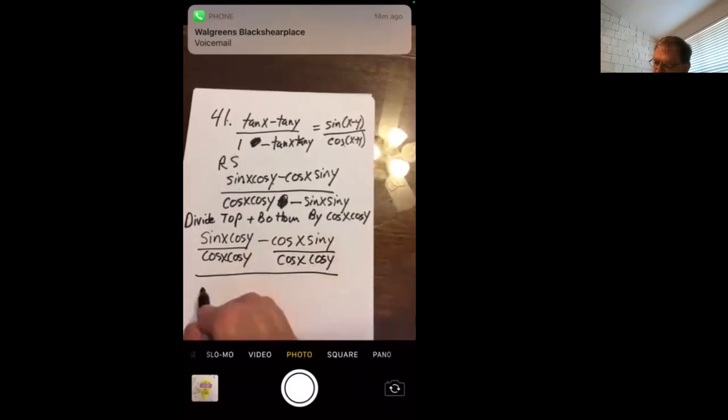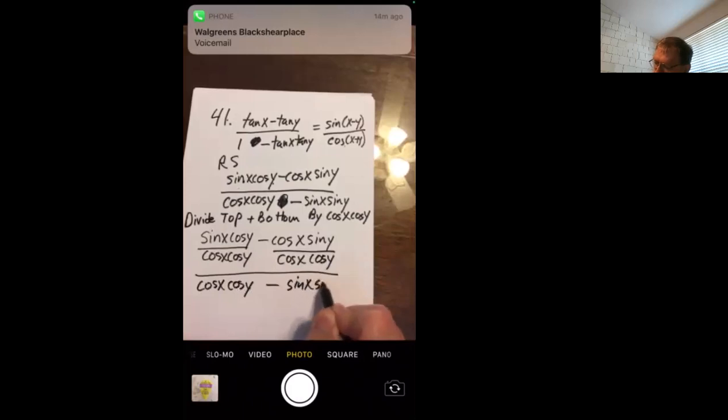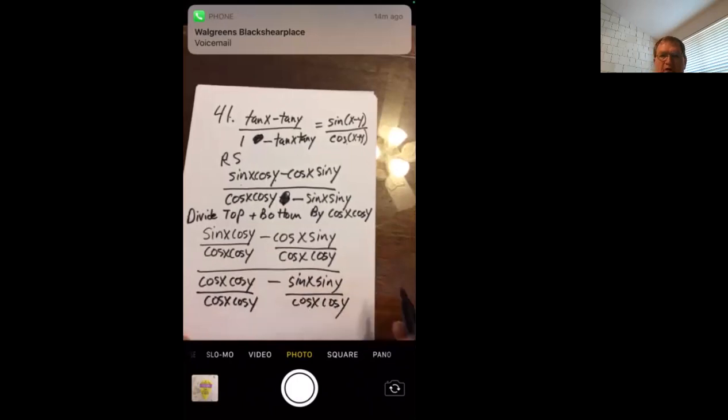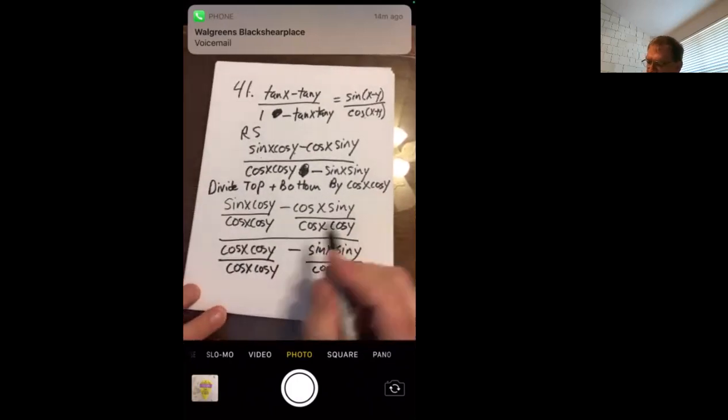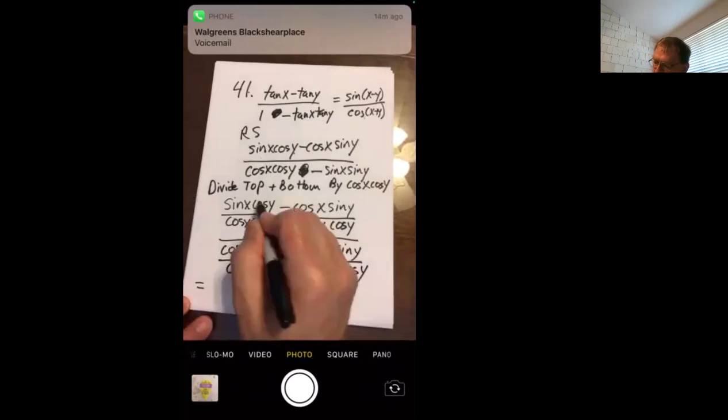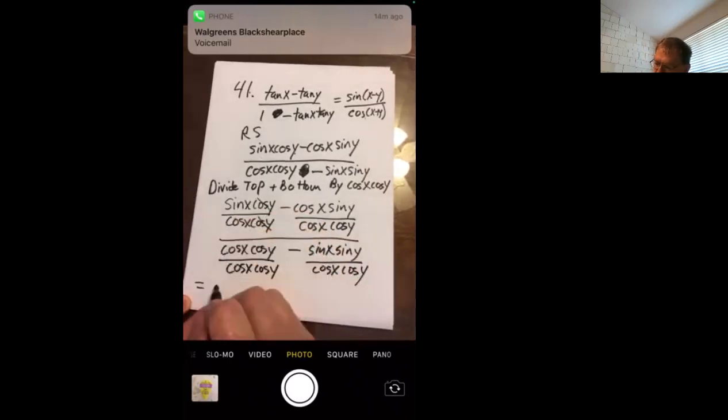So on the bottom, same thing. Cosine y minus sine x sine y. If you divide everything by the same thing, it's legal. Cosine x, cosine y. Divide everything by the same thing, and you can see you generated a tangent x.